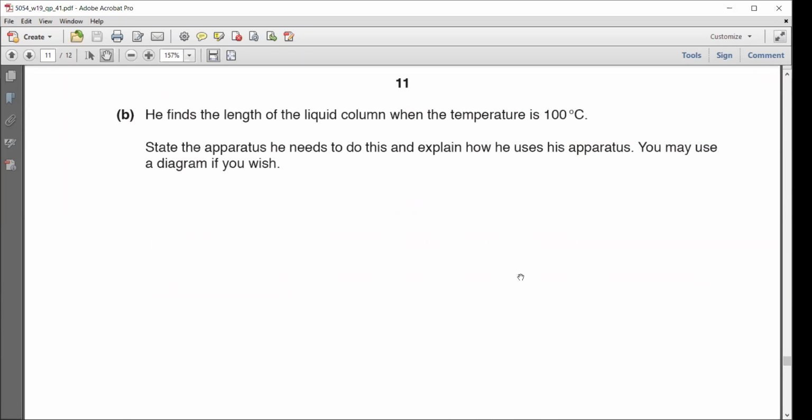Then Afraz. Yes, sir. Read this and tell me. He finds the length of the liquid column when the temperature is 100 degrees Celsius. State the apparatus he needs to do this and explain how he uses this apparatus. You may use a diagram if you wish.